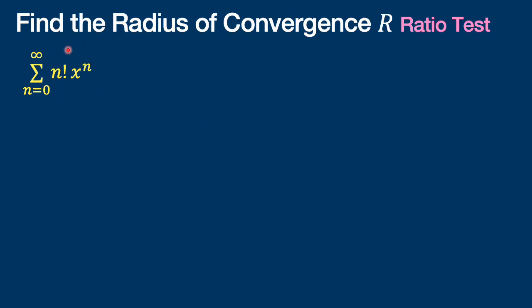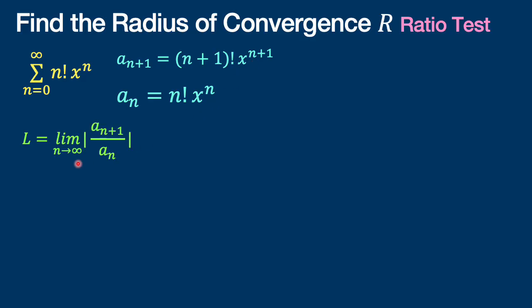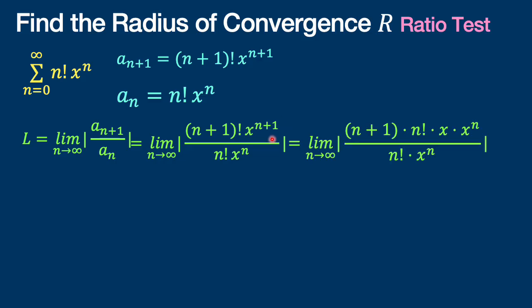Let's have another example to find the radius of convergence. This is a power series. We still use the ratio test. a_n is gonna be n factorial times x^n. a_{n+1} is gonna be (n+1) factorial times x^(n+1). Let's calculate the ratio: (n+1)! x^(n+1) over n! x^n. We already know (n+1)! is n! times (n+1), and x^(n+1) is x times x^n.